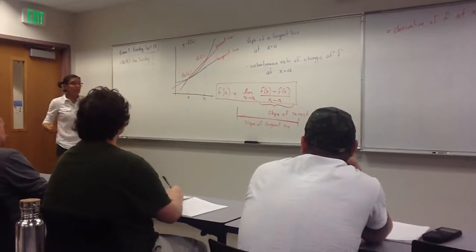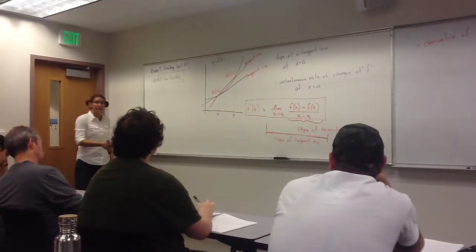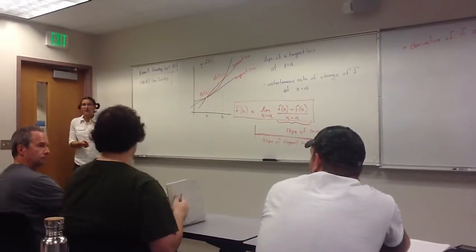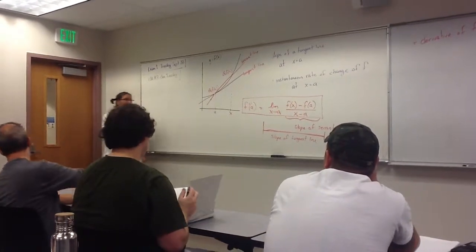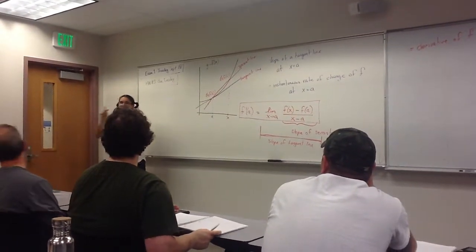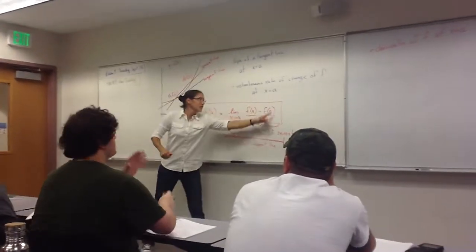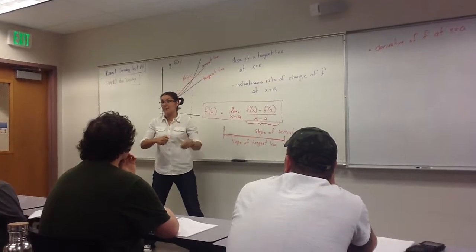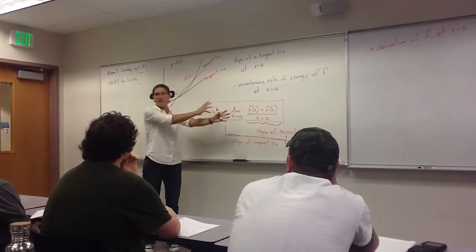All right, so take a second and say hi to one of your neighbors. All right, and whoever of the two of you is closer to this wall, please tell your neighbor this formula out loud. The derivative of f at a is equal to, and then say the formula.